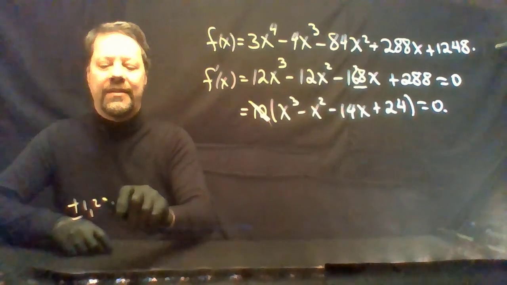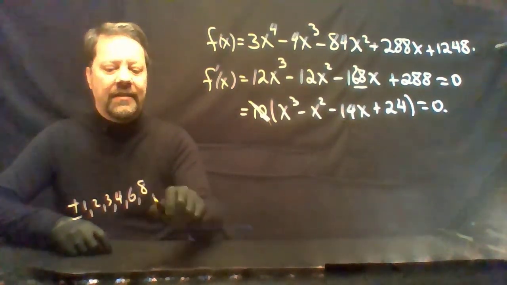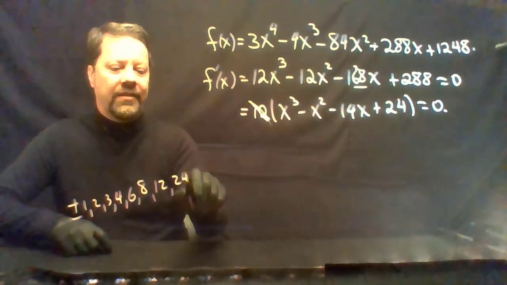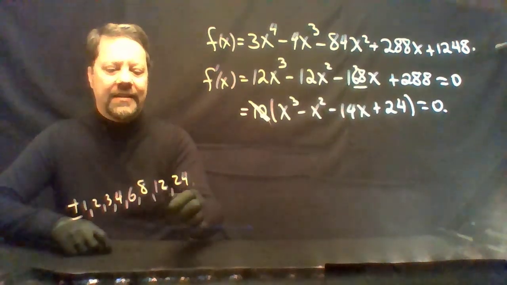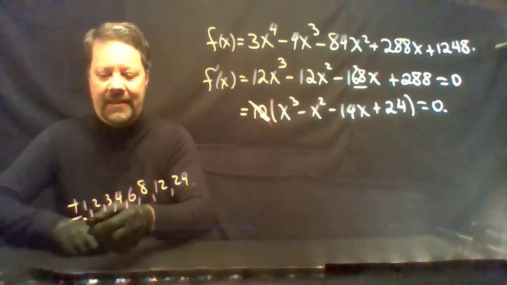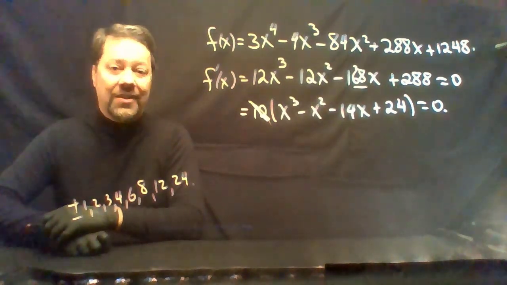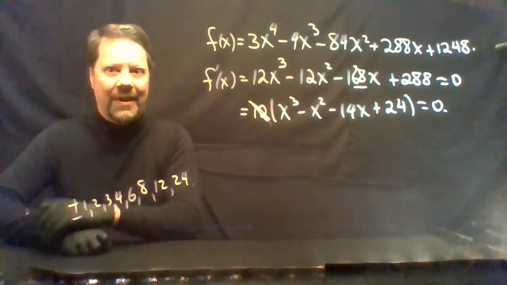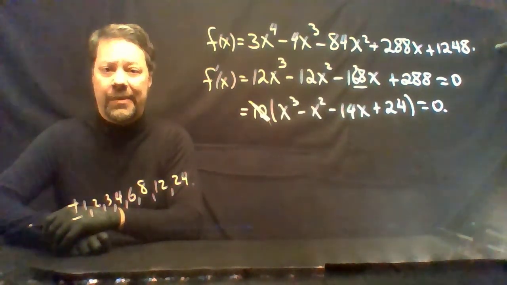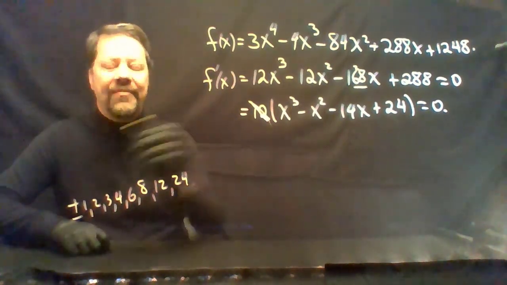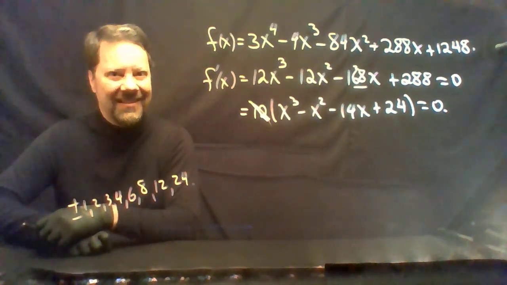Plus or minus 1, 2, 3, 4, 6, 8, 12, and 24. That's 8 times 2, 16 possibilities. But as long as we get one negative one and two positive ones, we're done by the fundamental theorem of algebra that says a polynomial of degree 3 has exactly 3 roots, counting multiplicities.